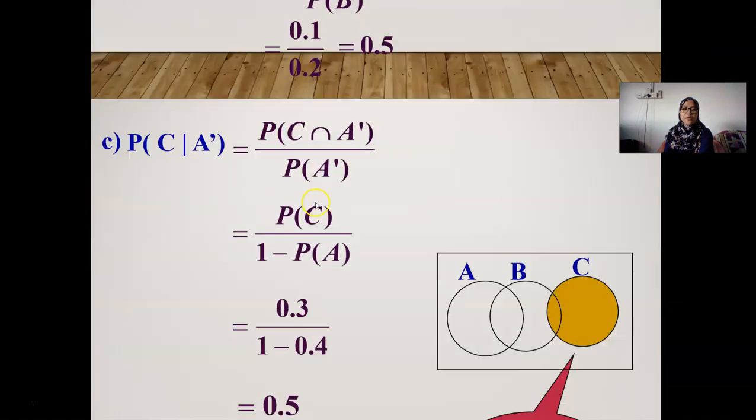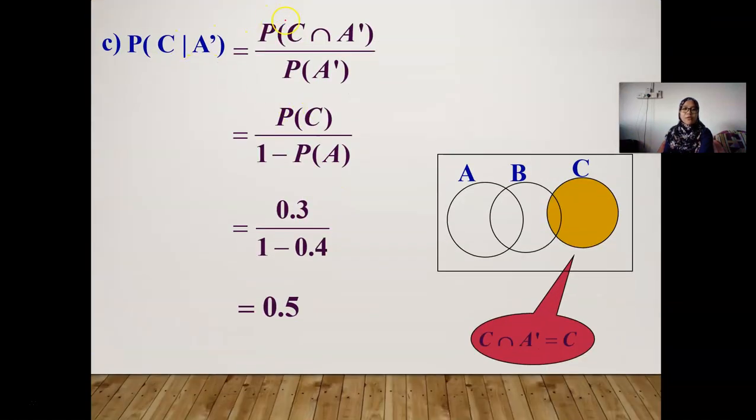Use the formula of conditional probability. So PC intersect A prime over PA prime. So PC over 1 minus PA. Ni properties of complement tu, yang PA plus PA prime equals 1.